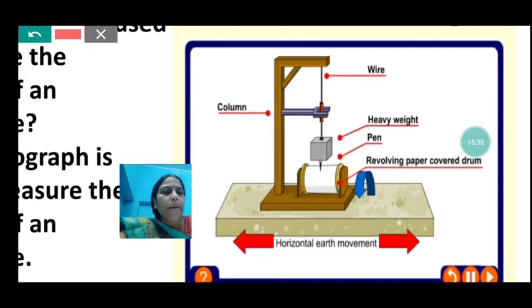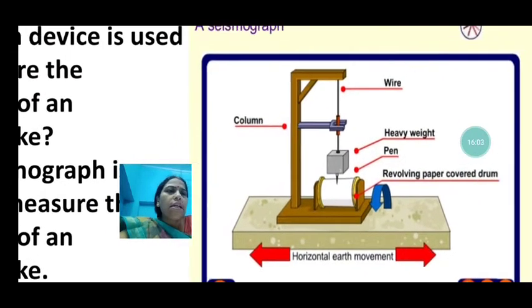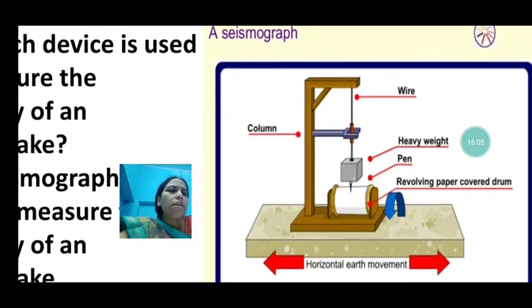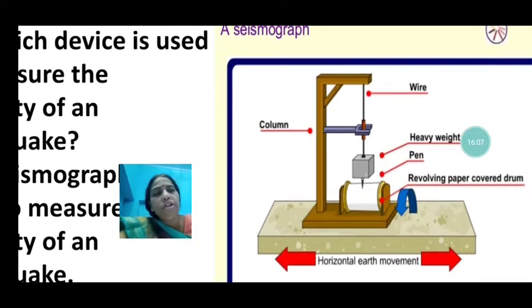When there is an earthquake, it starts shaking. The drum will shake, but the pen will be at its own place. Suppose there is an earthquake and the drum starts shaking, the pen is not shaking.